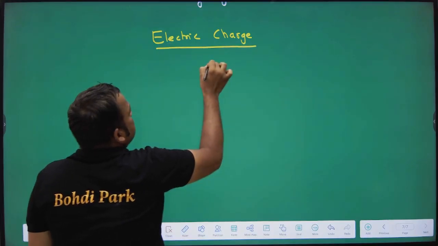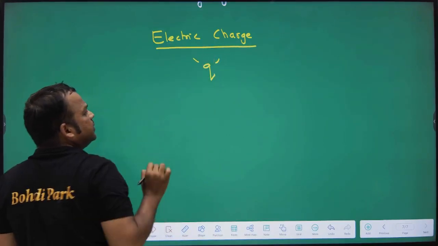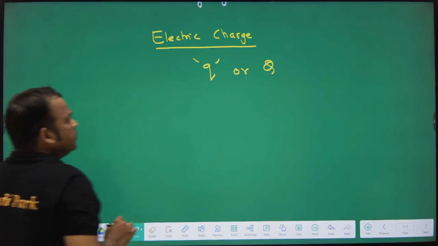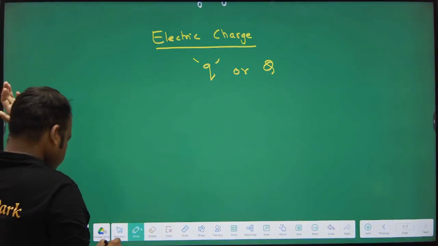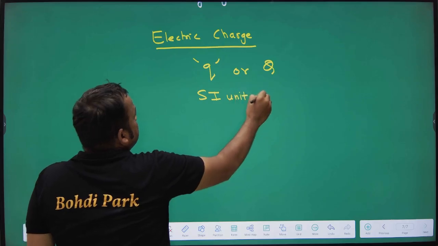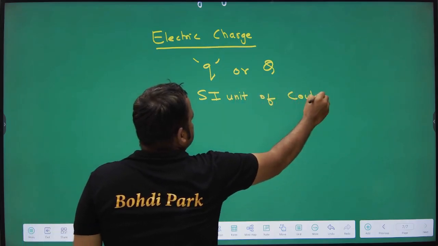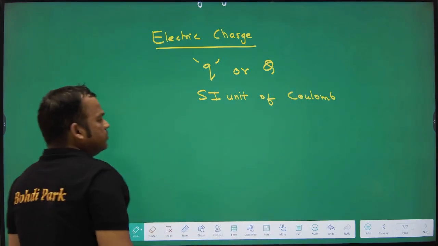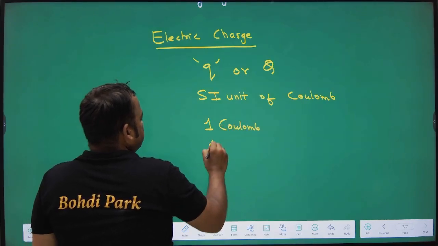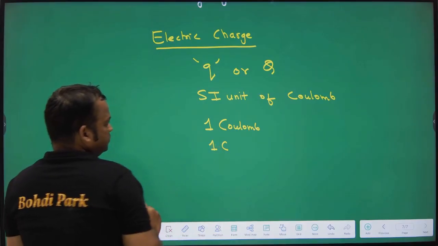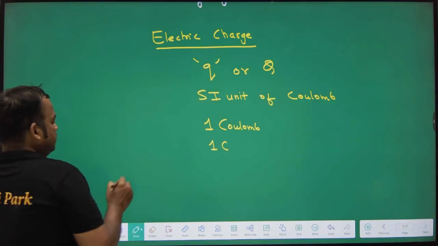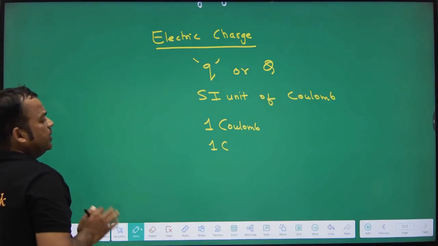The symbol is Q. Sometimes we denote it by small q, sometimes by capital Q. It has the SI unit of coulomb, like 1 coulomb, denoted by plus 1 C. So this is the unit of charge.